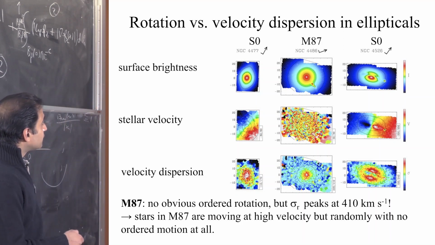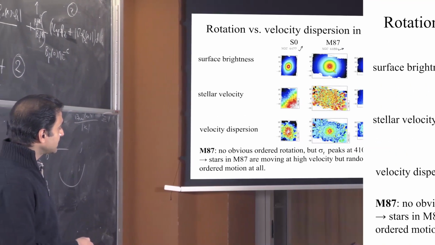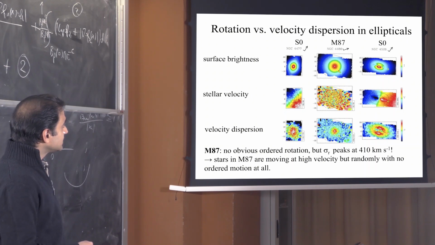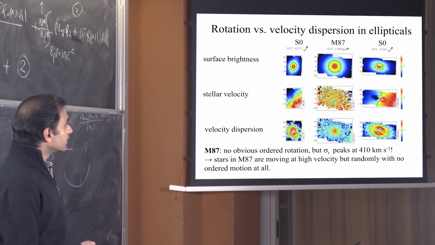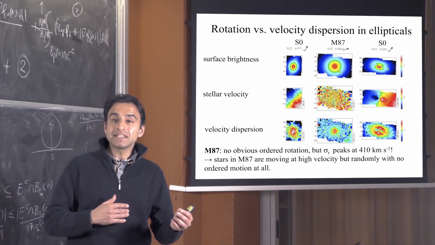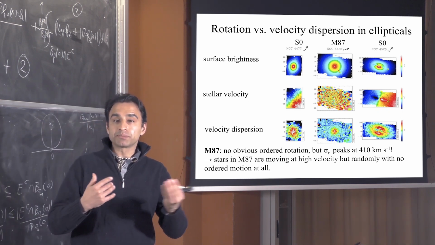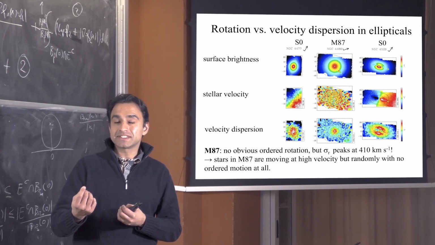And you can see that for M87, an elliptical galaxy like this one, the stellar velocity is just a mixture of blue, yellow, green, and red points. The color coding here means receding or approaching: blue is approaching, red is receding.